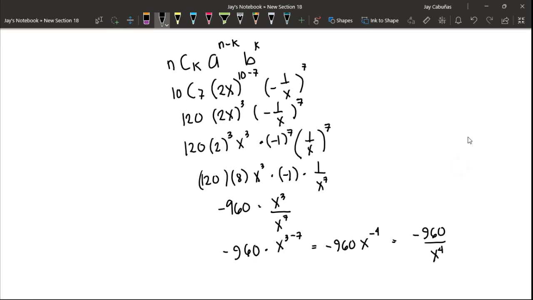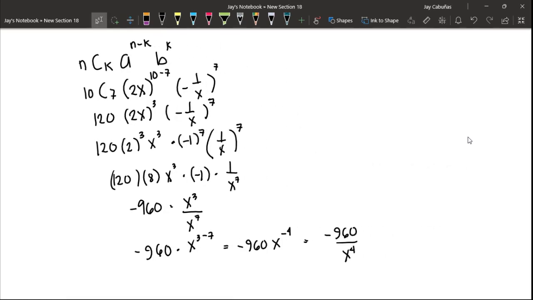In this case, we have negative 960 as our answer. You need to be careful on what was being asked because it might confuse you, because in the question there might be an answer equal to negative 960, letter A for example, and letter B negative 960 over x to the 4th, and that is our answer for our second problem.